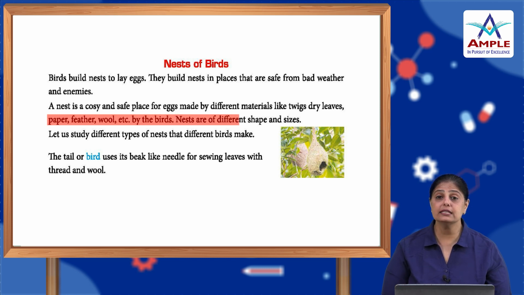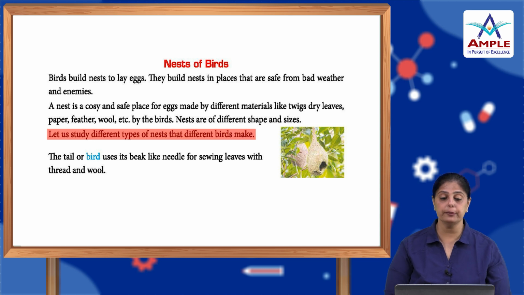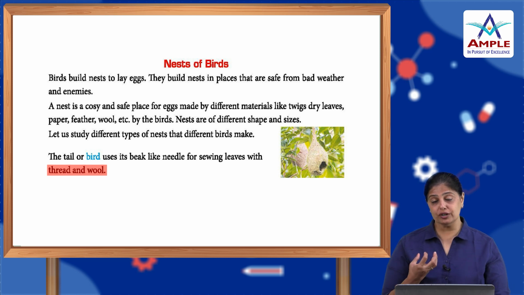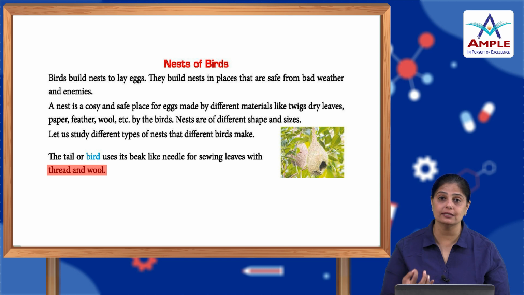Now, nests are of different shapes and sizes. Let us study different types of nests that different birds make. The tailor bird uses its beak like a needle for sewing leaves with thread and wool. So, it has a feature in its beak that helps it to sew the nest.